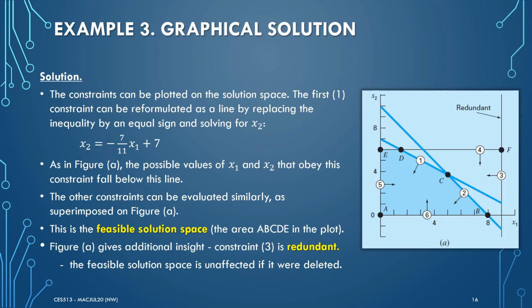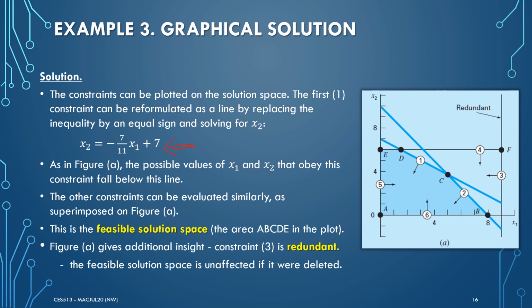For the solution, first, the constraints can be plotted on the solution space area. Shown here in the figure is the solution space. For example, the first constraint can be reformulated as a line by replacing the inequality by an equal sign and solving for x2.